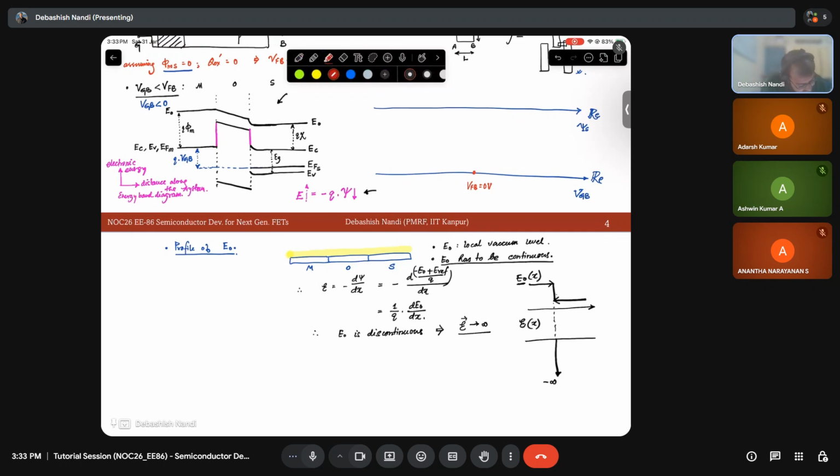And if I go from metal to semiconductor, I am seeing three different materials or heterojunctions. I am crossing two heterojunctions. So that is why EC will have discontinuity. But in case of E0, I am seeing only vacuum or air, right? It is the same material. So that cannot have any discontinuity.